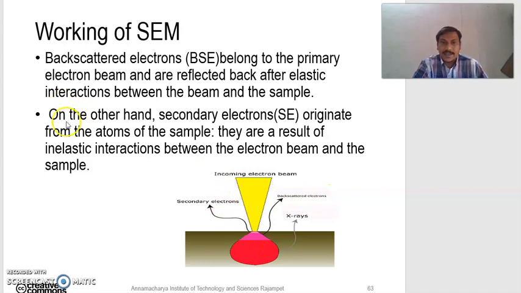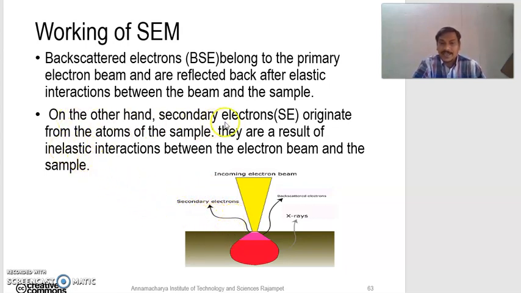On the other hand, the secondary electrons are also emitted. If a high energetic electron beam interacts with the atom, then the innermost orbit electrons are emitted by inelastic collision. These electrons are called secondary electrons.